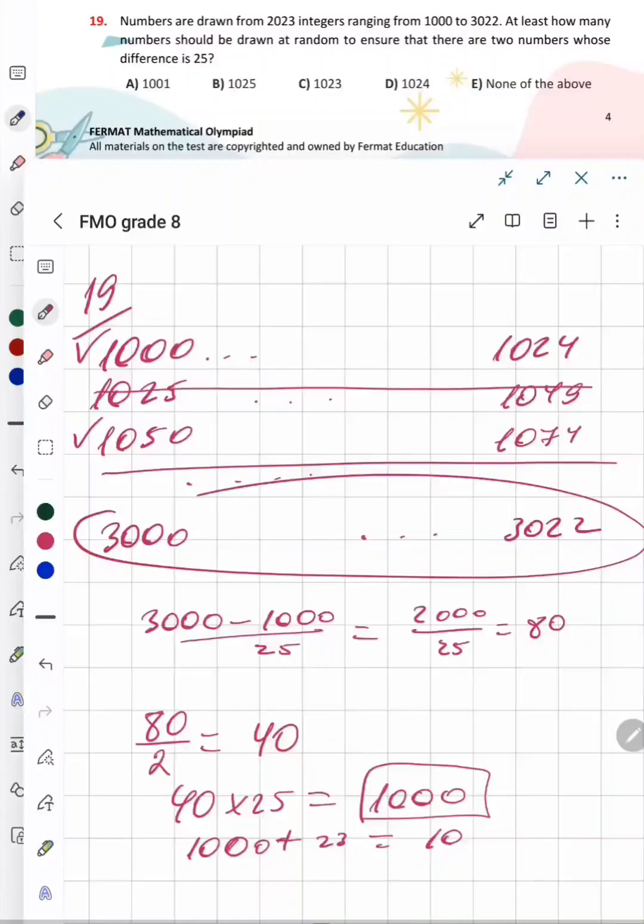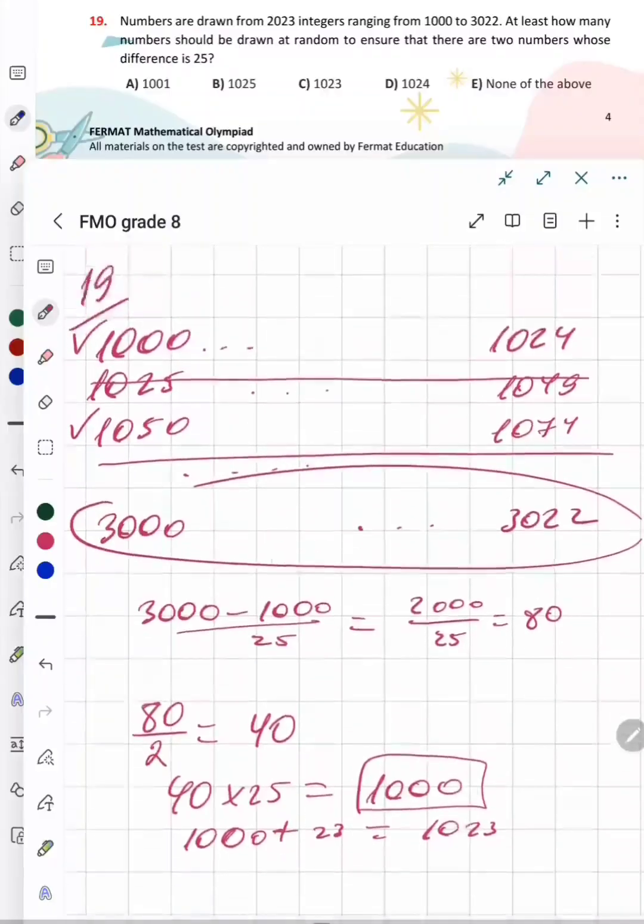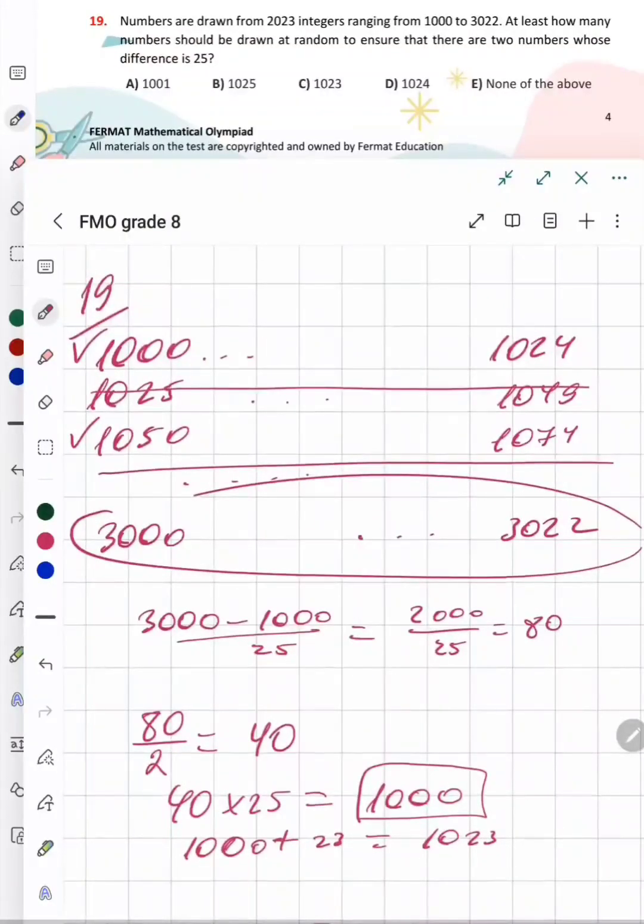So the maximum size of the set we are looking for is 1023, which does not contain any two numbers with a difference of 25. If we pick one more number, 1023 plus 1, this number will ensure that we have a pair with the difference of 25. Our answer will be 1024.